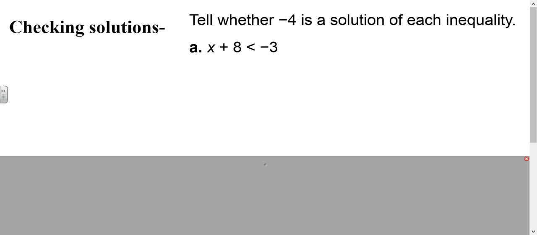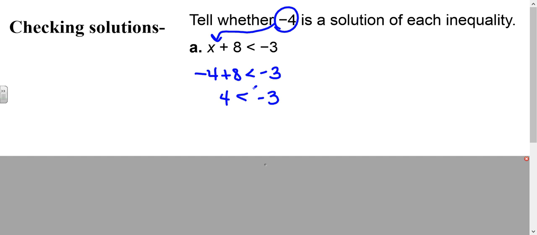So we're plugging negative 4 in for x to see if it's true. Then we have negative 4 plus 8 is less than negative 3. Well, what is negative 4 plus 8? Negative 4 plus 8 would be 4, and then is less than negative 3. So is 4 less than negative 3? It is not. So the answer is no. It is not a solution.